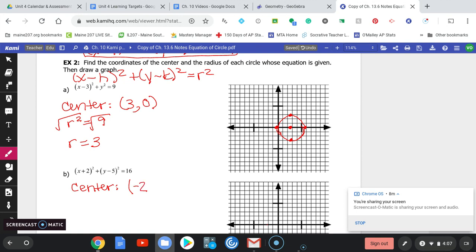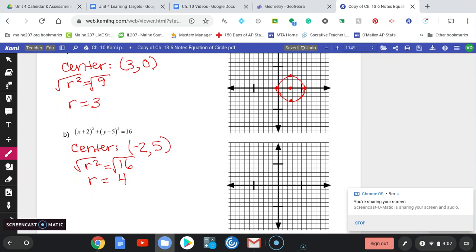So I'm going to put in negative 2 for the x coordinate, and for y, there's a 5 being subtracted. Or you can think, what's the opposite of what's in here? There's a minus 5, the opposite is positive 5. So our center is (negative 2, 5). And then we know our radius squared is equal to 16. So take the square root of each side, and we know r is equal to 4.